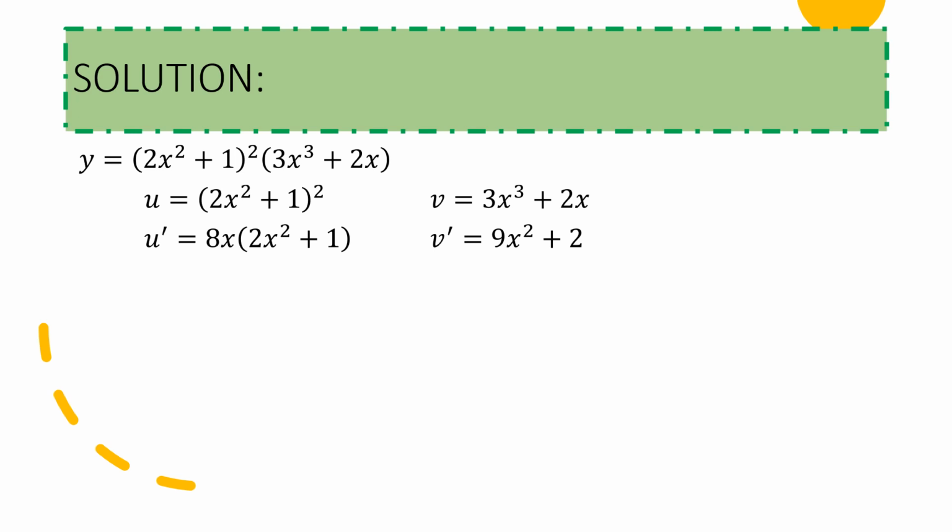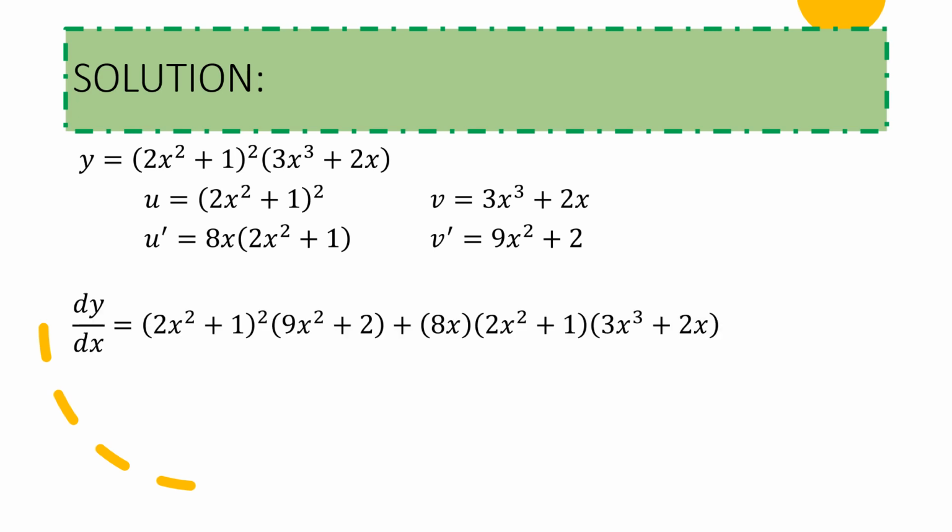To find u prime, we need to use power rule. So it becomes 8x times (2x squared plus 1) and v prime equals 9x squared plus 2. Next, we substitute into the product rule, which is dy/dx equals vu prime plus uv prime.